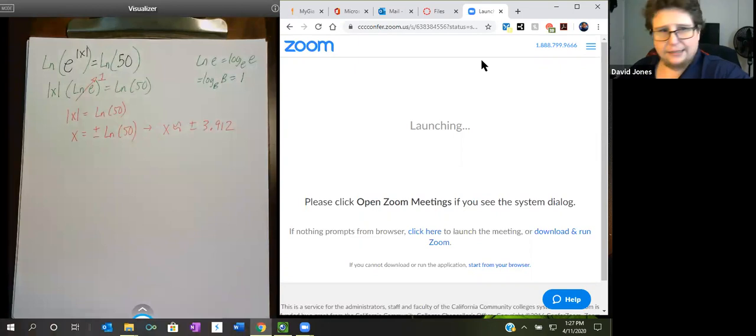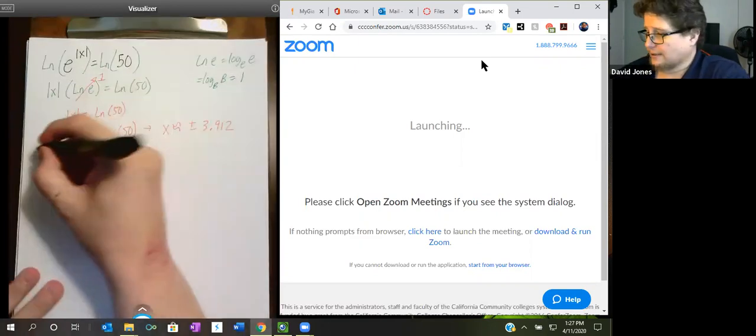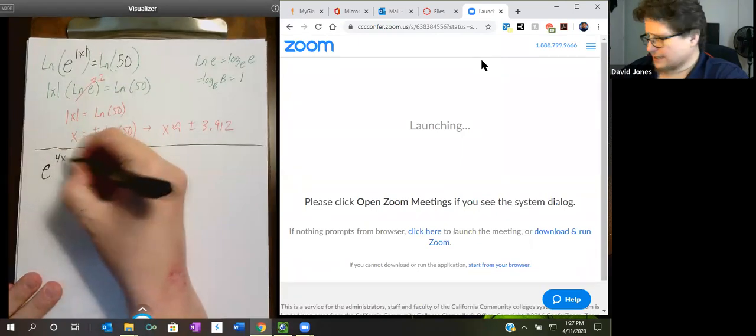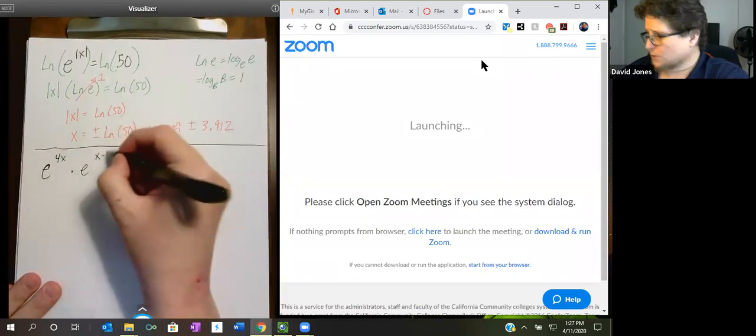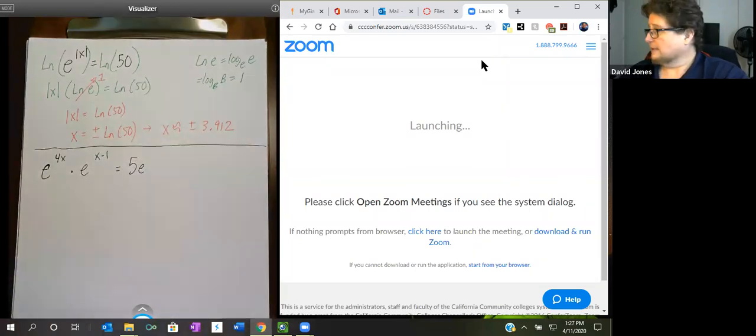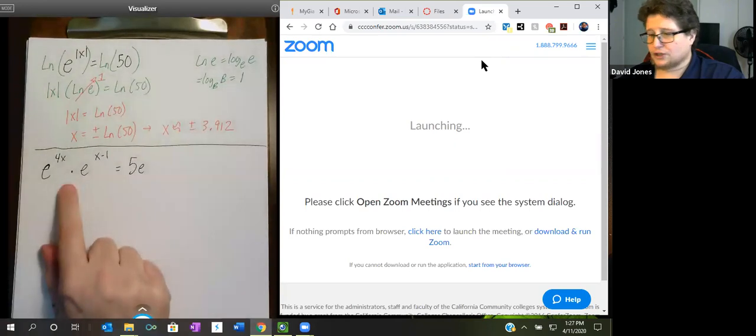Ooh, this one's fun. Let's do this one. e to the 4x times e to the x minus 1 equals 5e. What can I do here? Well, first off, I want to address this multiplication.